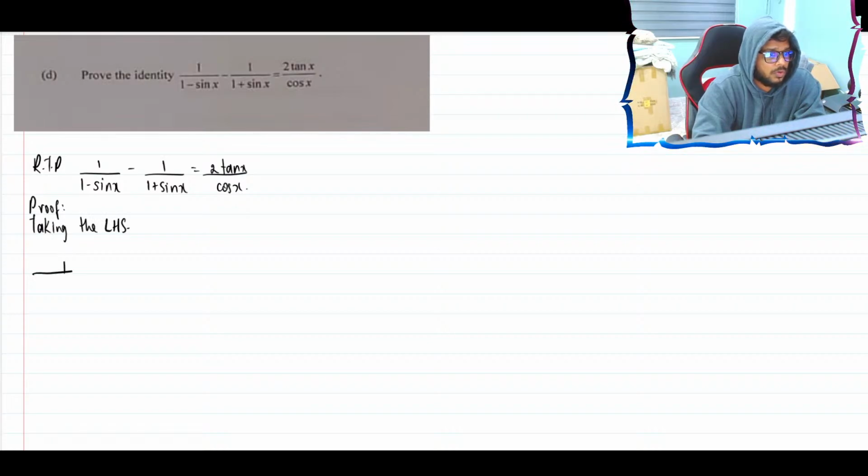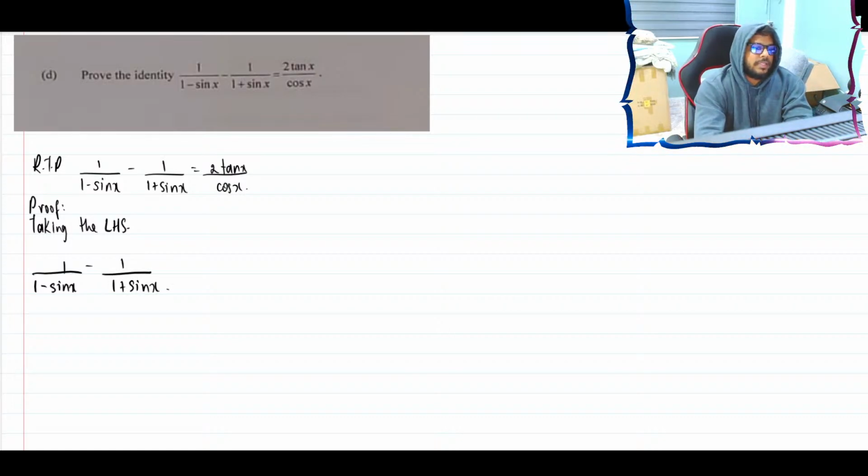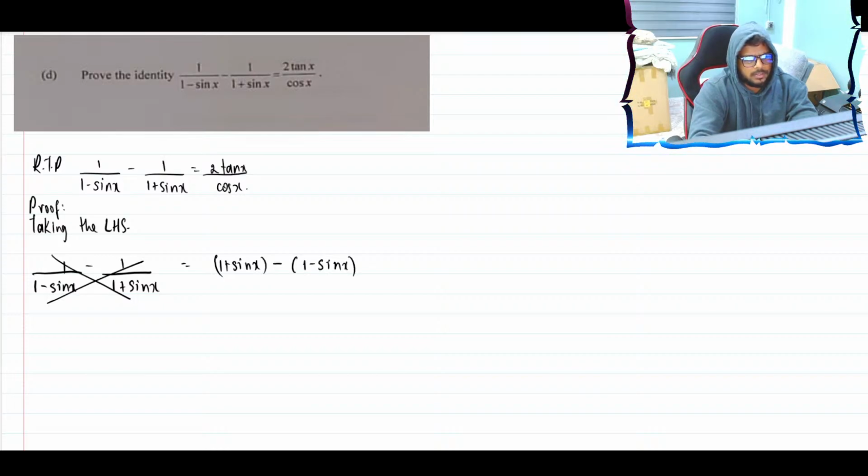We get 1 over 1 minus sine x minus 1 over 1 plus sine x. To find the LCM, we multiply this way by 1 plus sine x, and this way by 1 minus sine x, giving 1 minus sine x into 1 plus sine x.